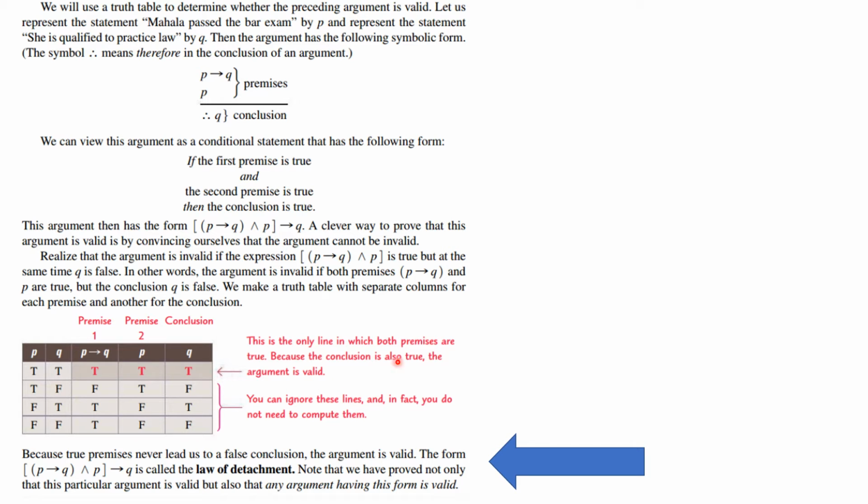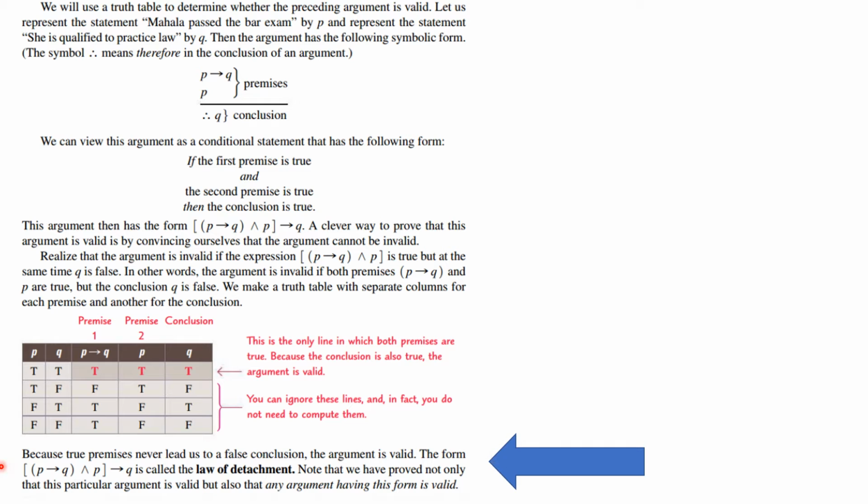So this is the only line in which both premises are true. And because the conclusion is also true, the argument is valid. You can ignore the other lines, and in fact you do not need to compute them. Because true premises never lead to a false conclusion, this argument is valid.